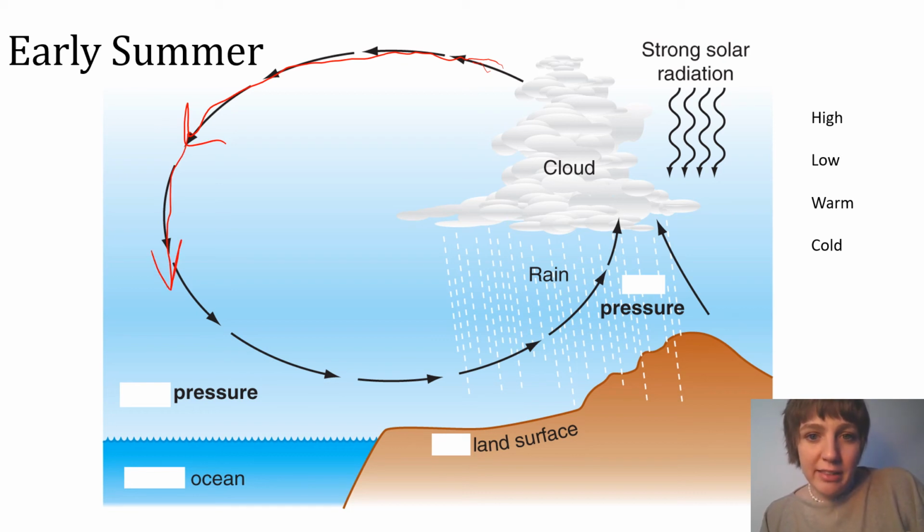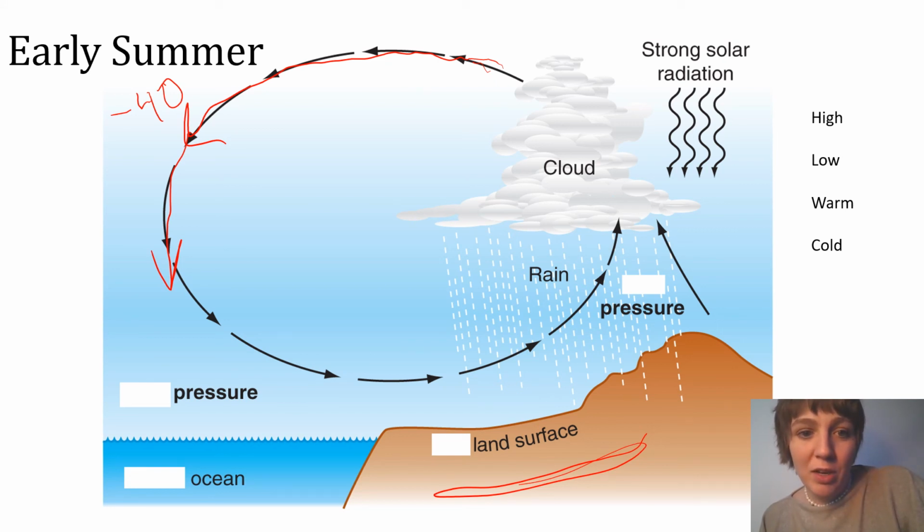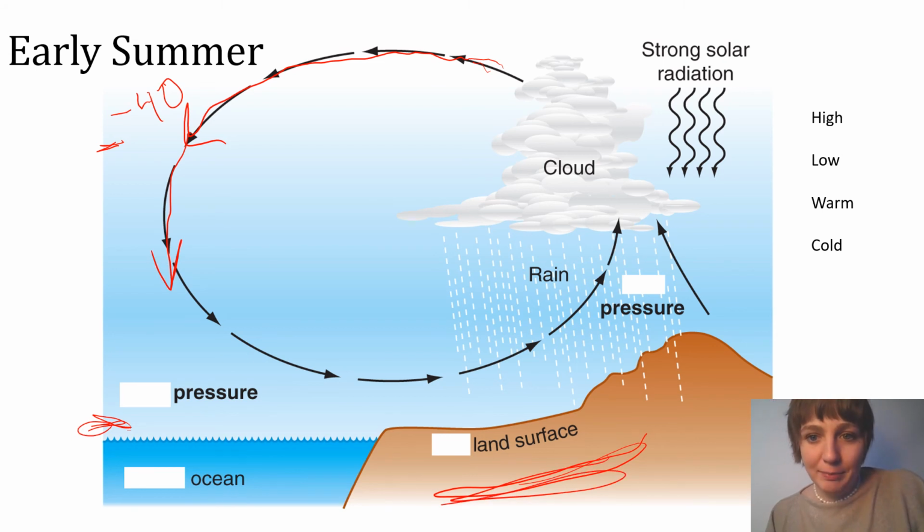Now, as it sinks down, its temperature will warm up, right? But its temperature can't rival the warm temperatures over here on the land, because what's happening is that up high in the atmosphere, it's at maybe -40 degrees Celsius, possibly even colder. So heating up from that, by the time it gets down here, it'll be warmer than it was in the upper atmosphere, but it won't necessarily be warmer than the surrounding areas.